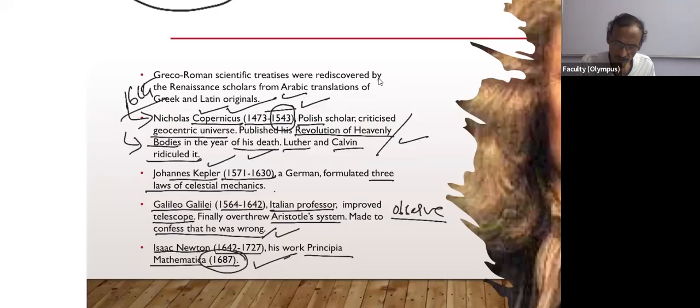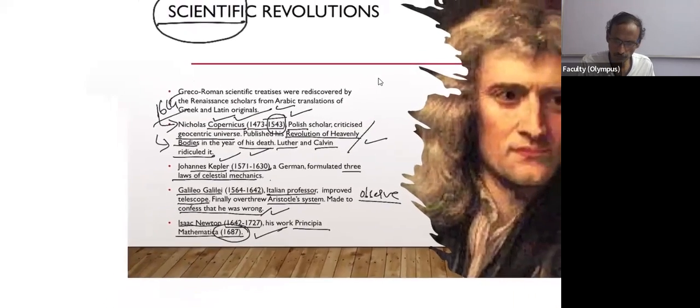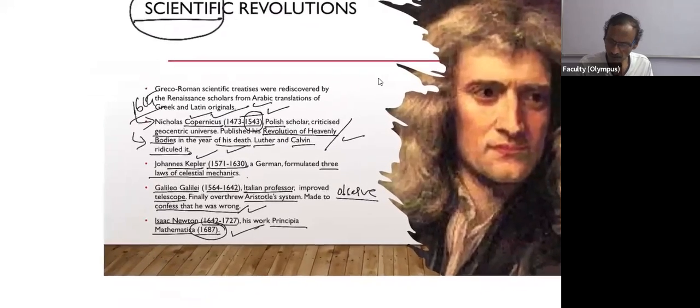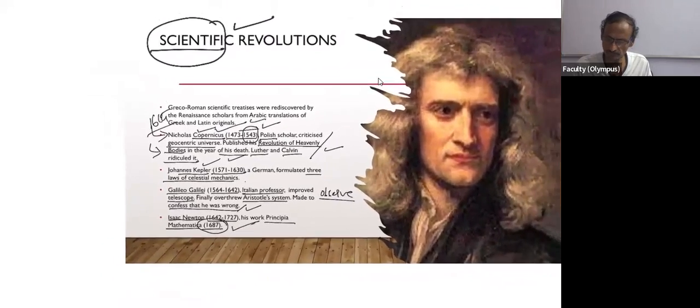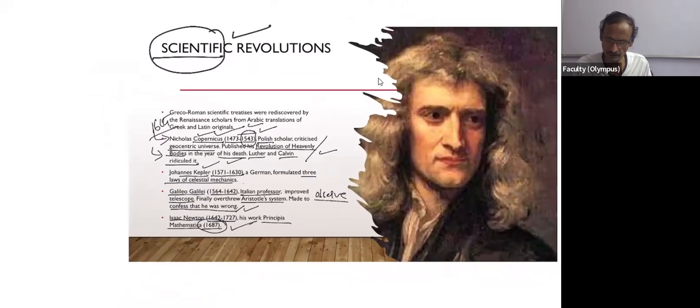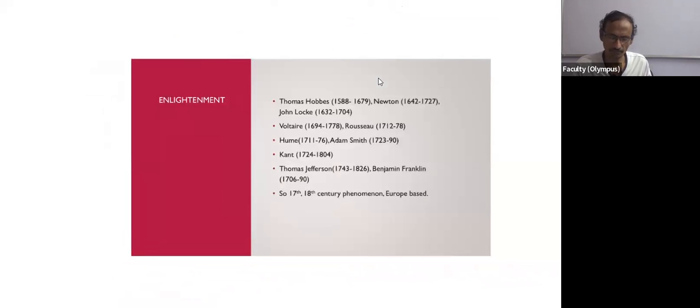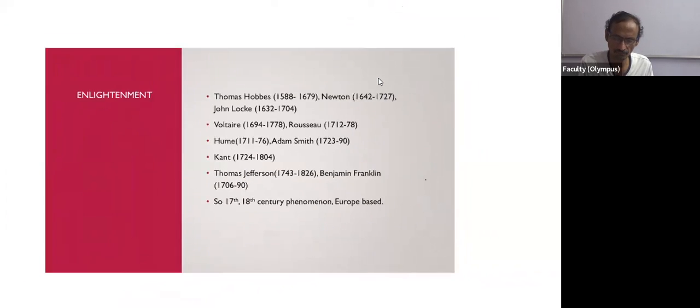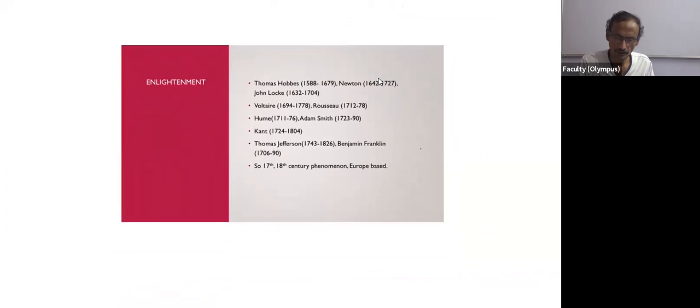But scientific revolution gave rise to thinking in other areas of life and society. That is called enlightenment. Enlightenment extended the ideas of scientific revolution to understanding man and society. Not simply natural world.